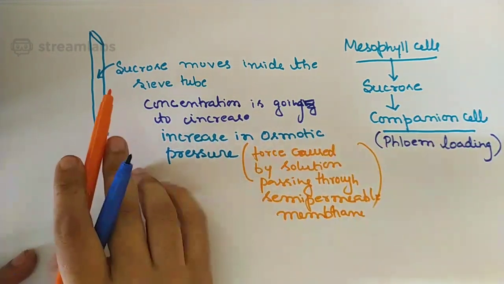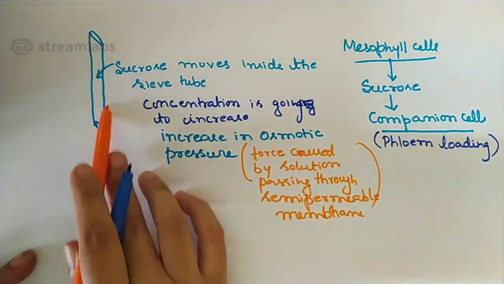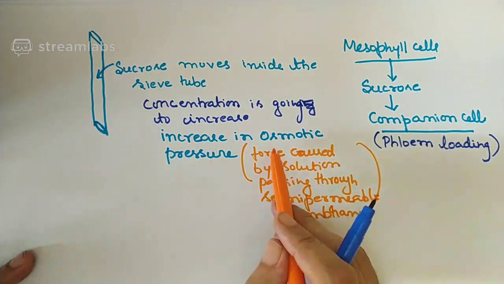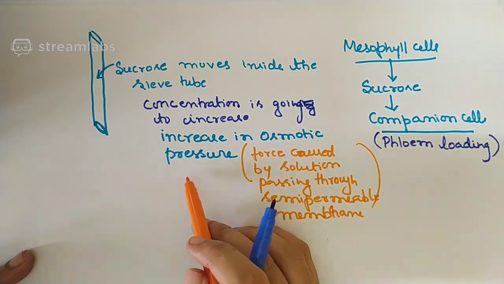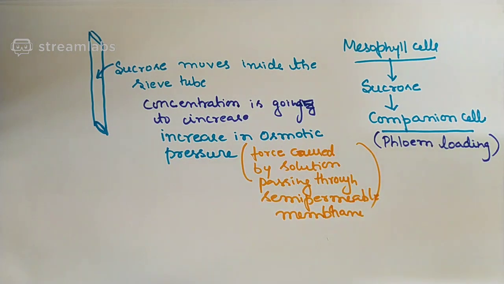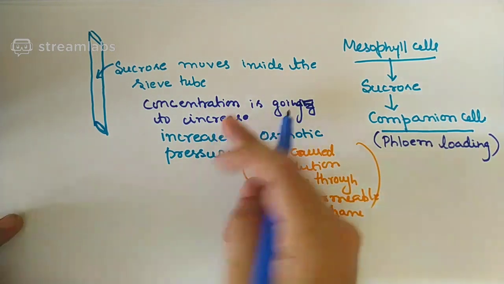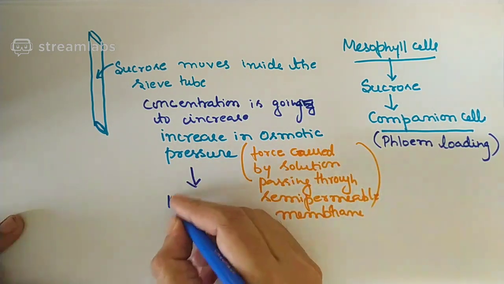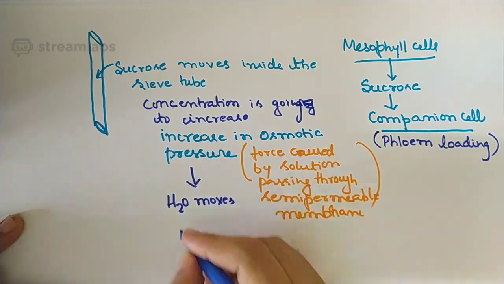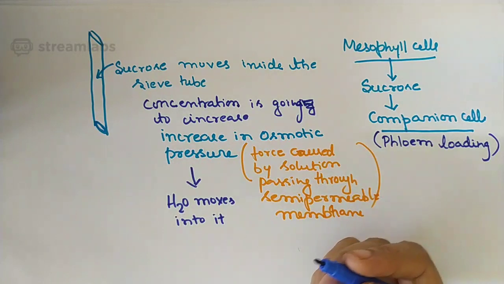Now when this sucrose solution passes through the semi-permeable membrane, a force is created. That force is called osmotic pressure. So when this osmotic pressure increases, or the concentration of the sugar increases, the next step is that water moves into it. How does water move into it?